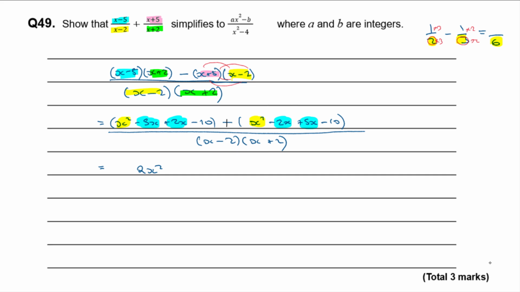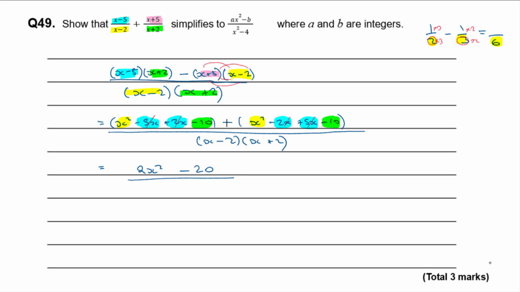I don't know if you notice, they're just the same terms, but with the signs switched around. So the minus 5 and the plus 5 cancel, and the plus 2 and the minus 2 cancel. And then I've got minus 10 and minus 10, which makes minus 20. Okay, and then that's all over x minus 2, x plus 2.